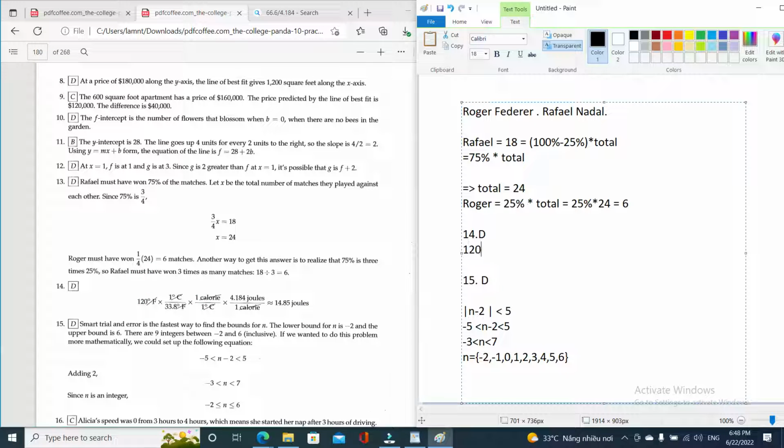So 120 F times 1 C over 33.8 F. We cancel the F and multiply by 1 calorie over 1 C, and multiply by 4.184 joules per calorie. C cancels, calorie cancels, F cancels, so what's left is joules. We end up with 14.85 joules. Alright, it's actually D. And 15 is D.